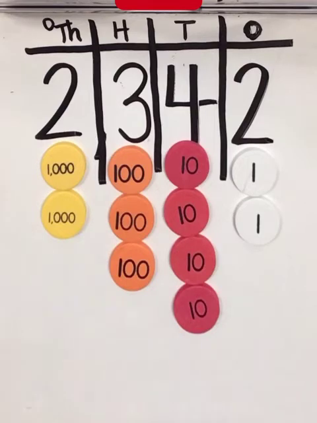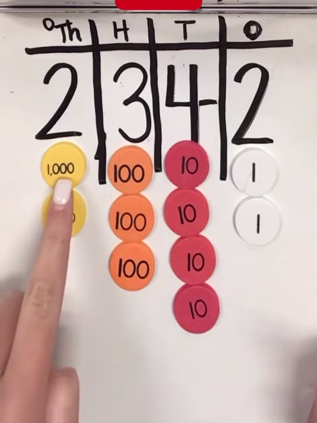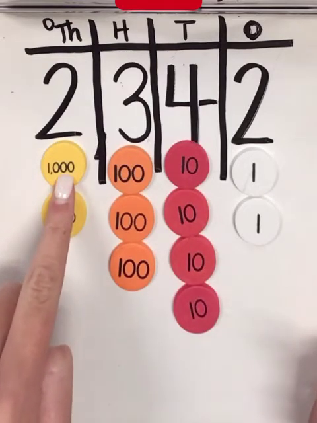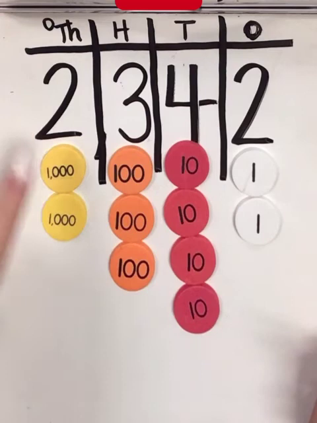So we have done expanded form before, but today I told you we're going to talk about expanded notation. With expanded notation, we're going to start over here in our 1,000s place. We know that the value is 1,000, but we have 2 1,000 pieces, so that actually gives us 2,000.